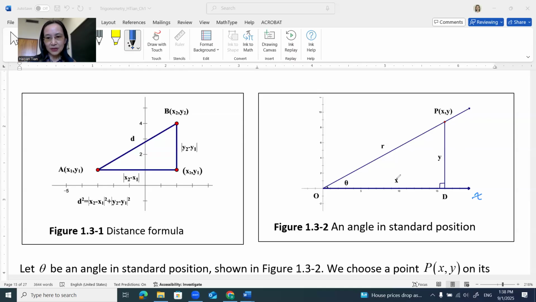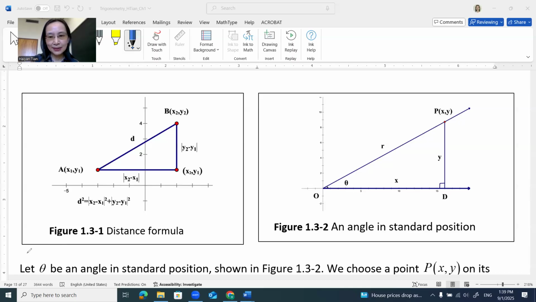Whenever the angle is in standard position, the position of the angle is purely determined by the terminal side, right? So if the terminal side of an angle in standard position falls in the second quadrant, then we say this angle is in the second quadrant. That is based on the assumption that the angle is in standard position.